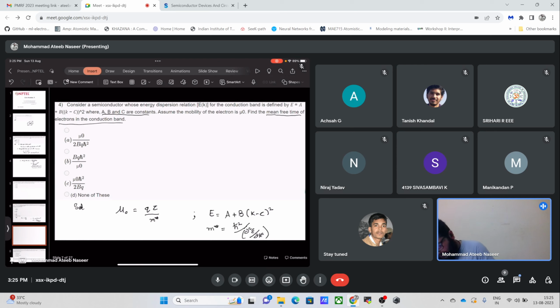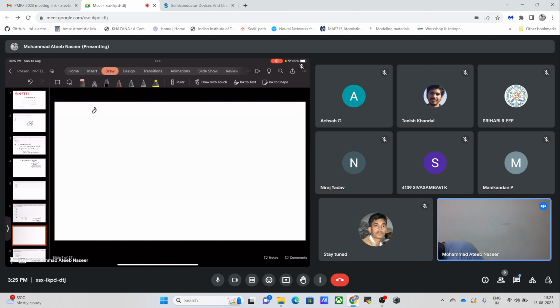So if I differentiate it the first time, it will be simply dE by dk, which is 2b(k minus c). And then if I differentiate it again, it would be simply d2E by dk2, which is 2 times b.